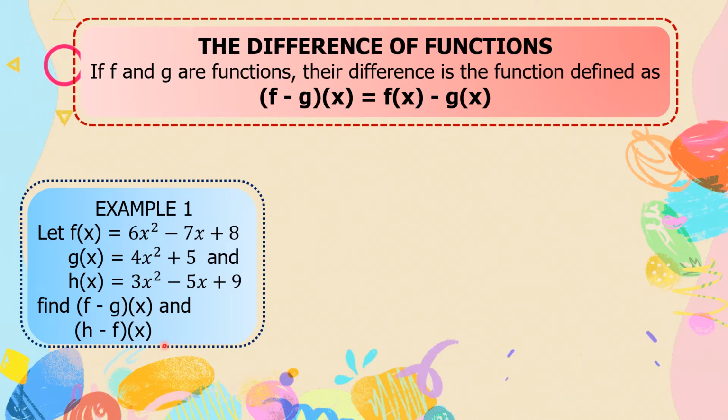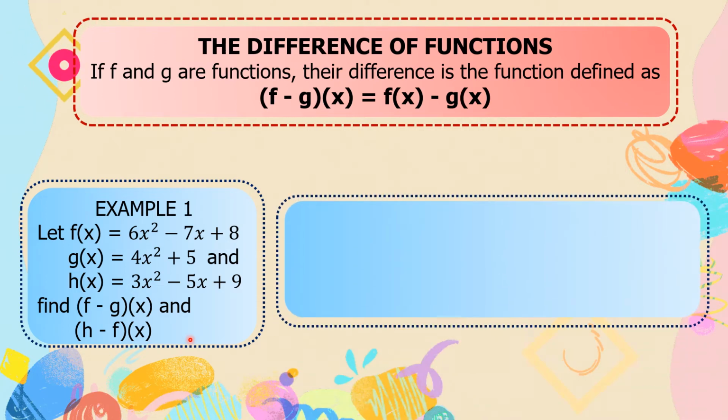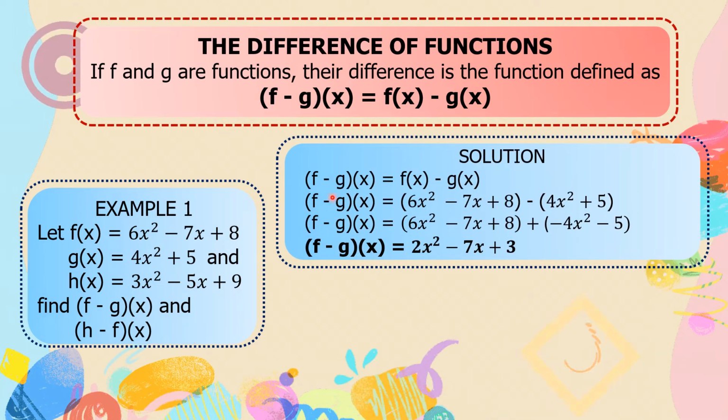So, dalawa yung ating hahanapin. So, let's have first f minus g of x. So, syempre, ilalagay natin yung ating formula, which is f minus g of x is equal to f of x minus g of x. Again, kopyahin natin yung f minus g of x.